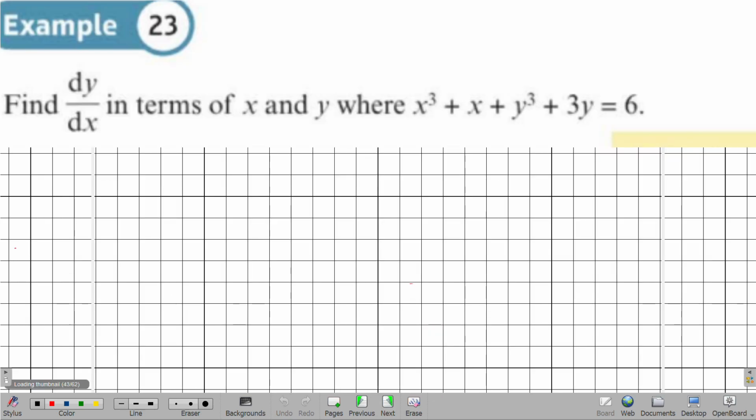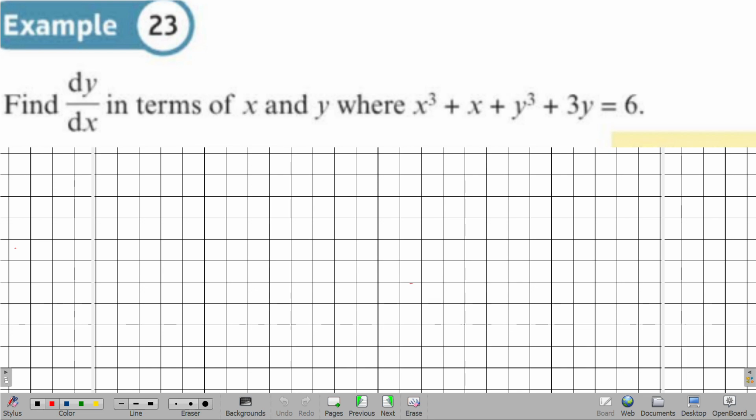So let us look at the examples that come with this type of differentiation technique. Number one, find the derivative of x to the power of 3 plus x plus y to the power of 3 plus 3y is equal to 0, with respect to x. So we're just going to differentiate the whole statement.